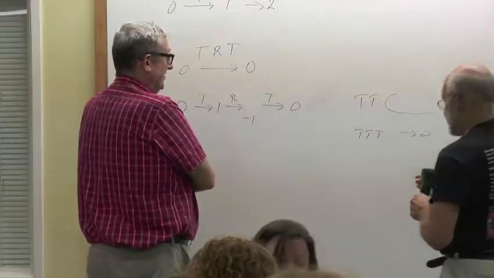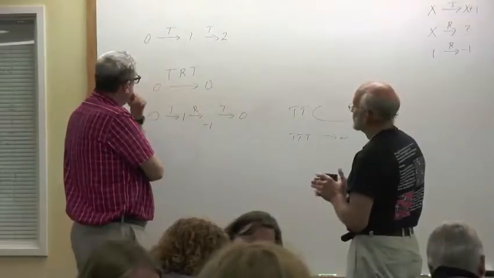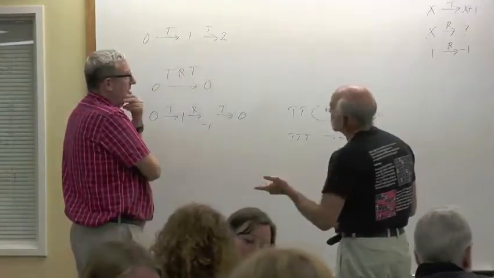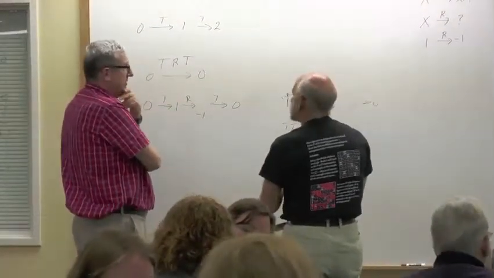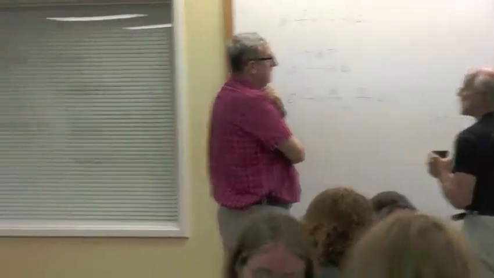Trying to think about this algebraically, maybe that's getting me into trouble. Well, algebraically you can think of T and R as exactly a group, right? T is a function and R is a function.